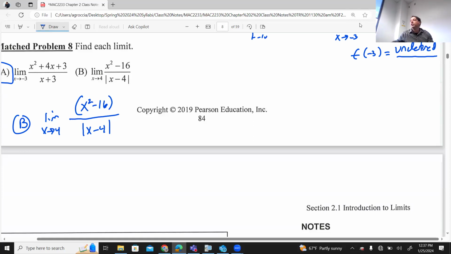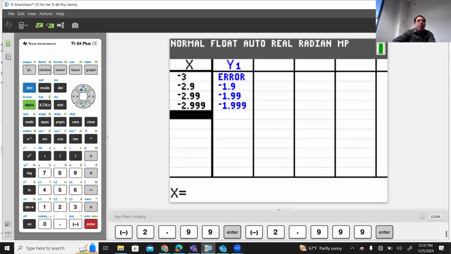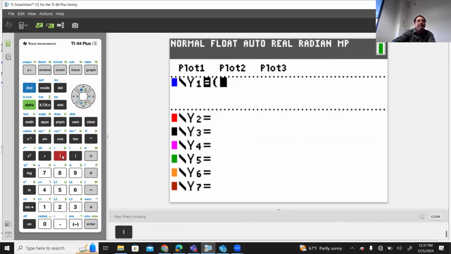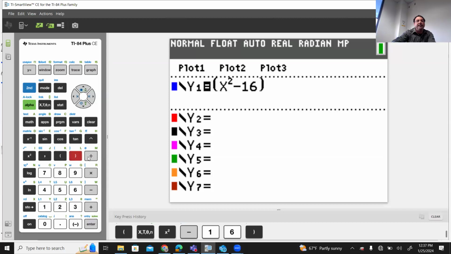Okay? Now, to graph this one, let's do it together. It's still going to be in a normal window, but we're going to go to y equals. We're going to put parenthesis x squared minus 16, close parenthesis, divided. Now, everyone's calculator is a little different, but to be safe, I'm going to put the bottom in parentheses.